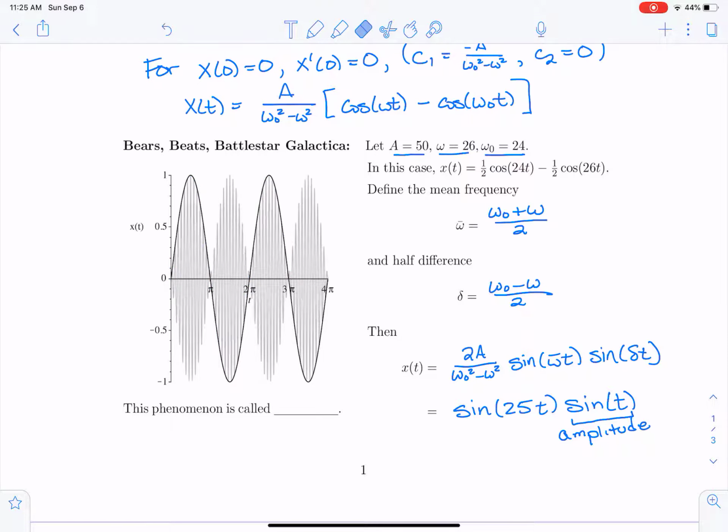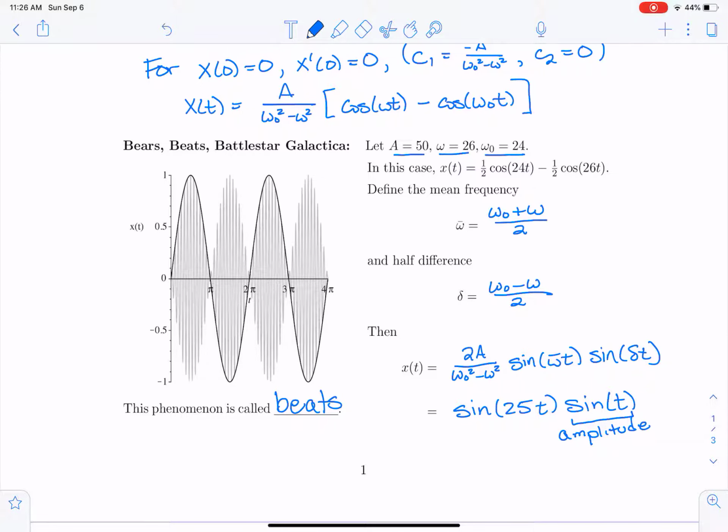So we see this very quick oscillation that increases in amplitude and then decreases and then increases and decreases again over and over again. So the amplitude has its own periodic behavior. The phenomenon that describes this is called beats. So what's happening is that the oscillation is occurring in beats, with one fast oscillation, which is governed by the amplitude, which is at a slower oscillation.